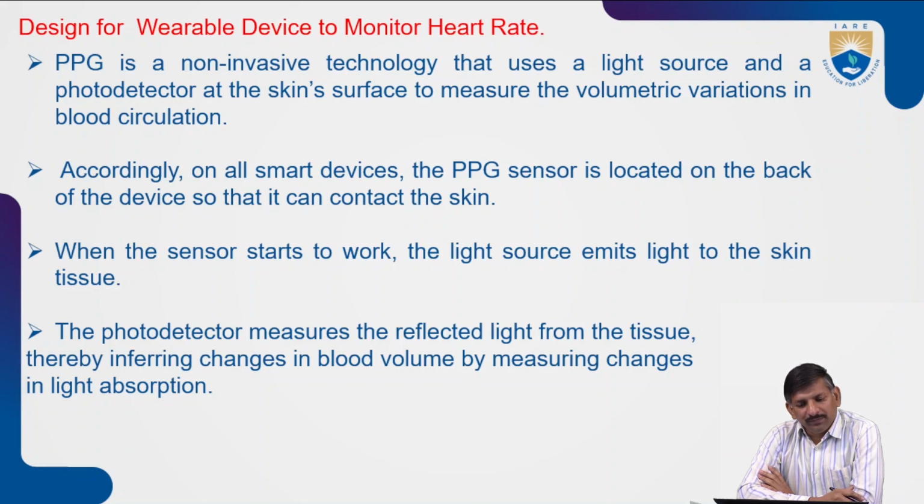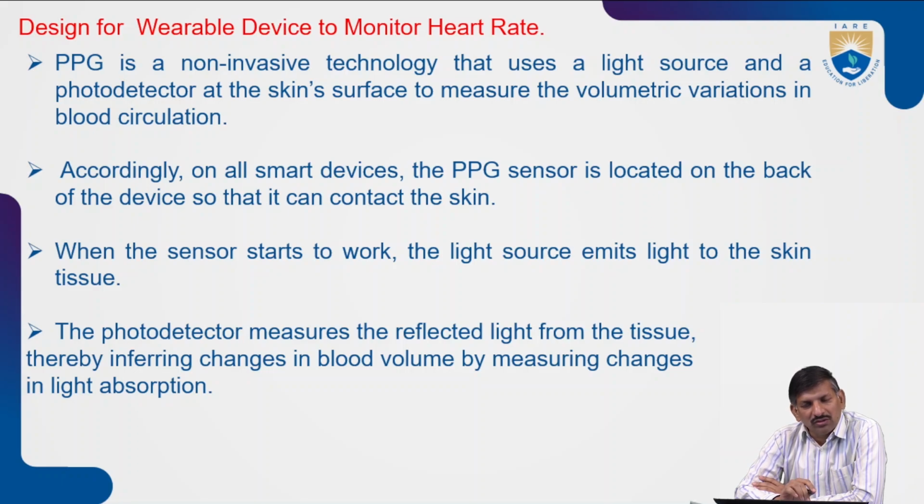PPG is a non-invasive technology that uses a light source and a photodetector at the skin surface to measure the volumetric variations in blood circulation. Accordingly, on all smart devices, the PPG sensor is located on the back of the device so that it can contact the skin.